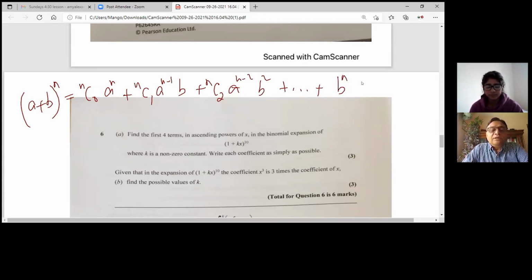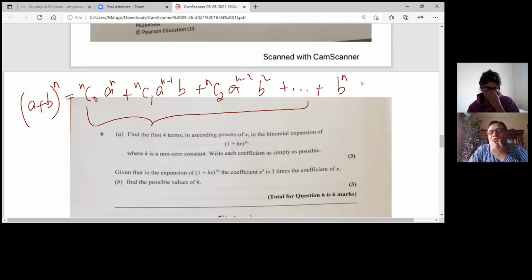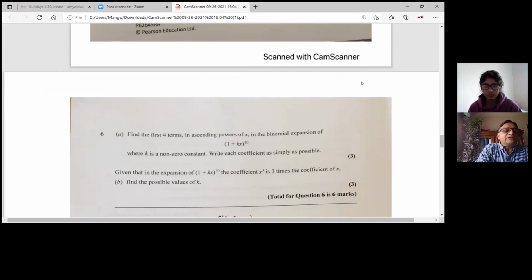Now, in your particular case, they're saying find the first four terms in ascending powers of x. That means increasing powers of x, which is b, right? So increasing powers of x means we have to write these first four terms. Is that clear to you? Yeah. And a is 1 for you. And with all these parameters, let's rewrite the equation now. So let me clear this screen. I'm writing the equation (1 + kx) to the power of 10.